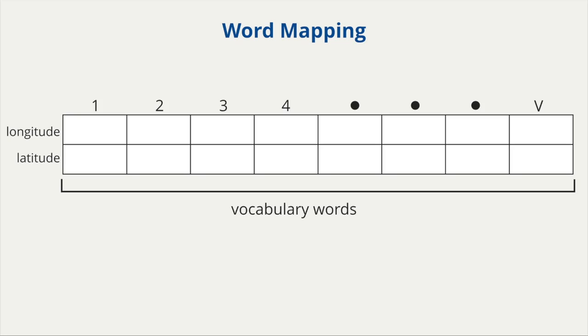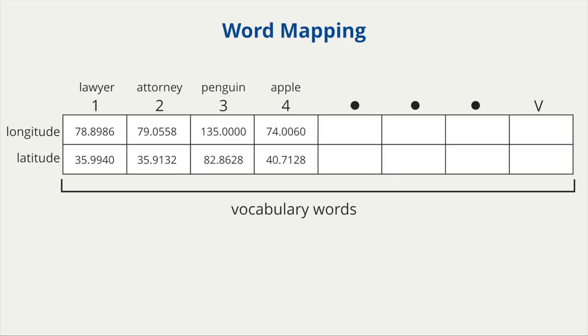We would like to learn these 2-dimensional vectors of the words in such a way that if 2 words are similar or synonymous or related to each other, we would want their associated longitude and latitude positions to be near each other. If 2 words are very dissimilar or unrelated, we would like them to be far apart in longitude and latitude.